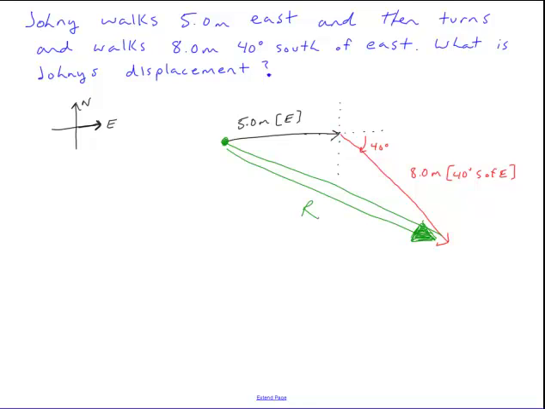So we're going to figure out for the 5 meter east vector, we're going to draw it over here and figure out what's the x component and what's the y component. The x component means you're going in this direction.